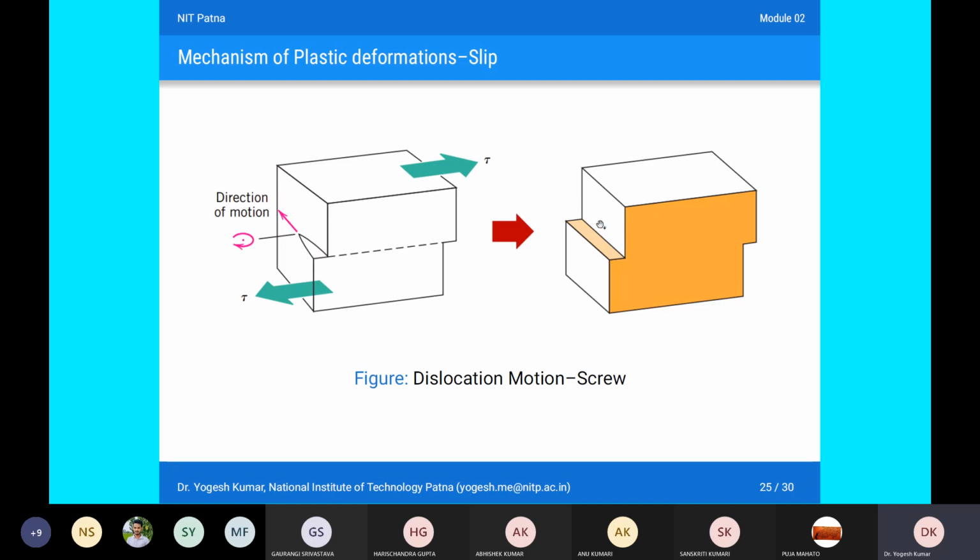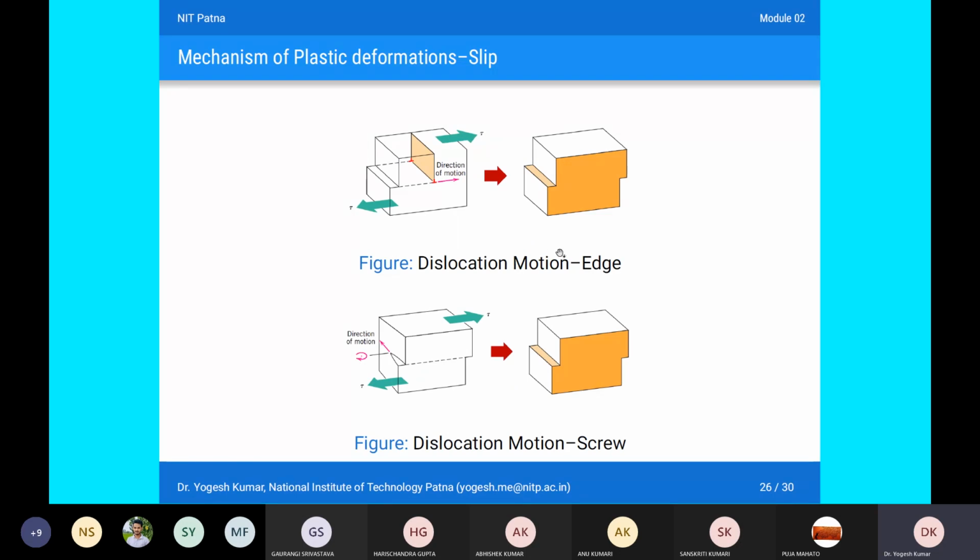So this screw dislocation is also responsible for the permanent deformation in your metals. If you compare these two types of dislocations, edge dislocation and screw dislocation, you can see your end product is plastic deformation, that is, the permanent deformation in your metals.